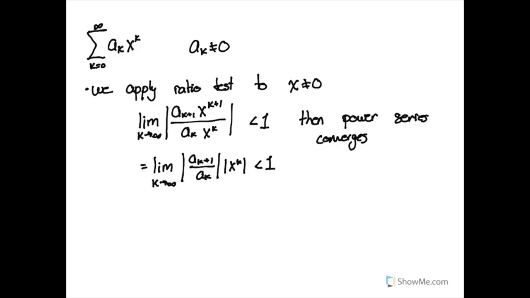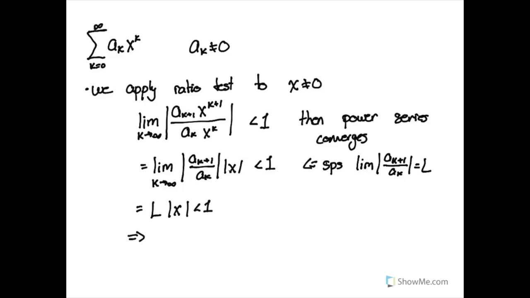And let's suppose the limit exists and equals L. So this is equal to L times x, it's not x to the k, sorry, just x here, times x is less than 1, which implies that this power series converges for absolute x less than 1 over L, which I'm going to call R.